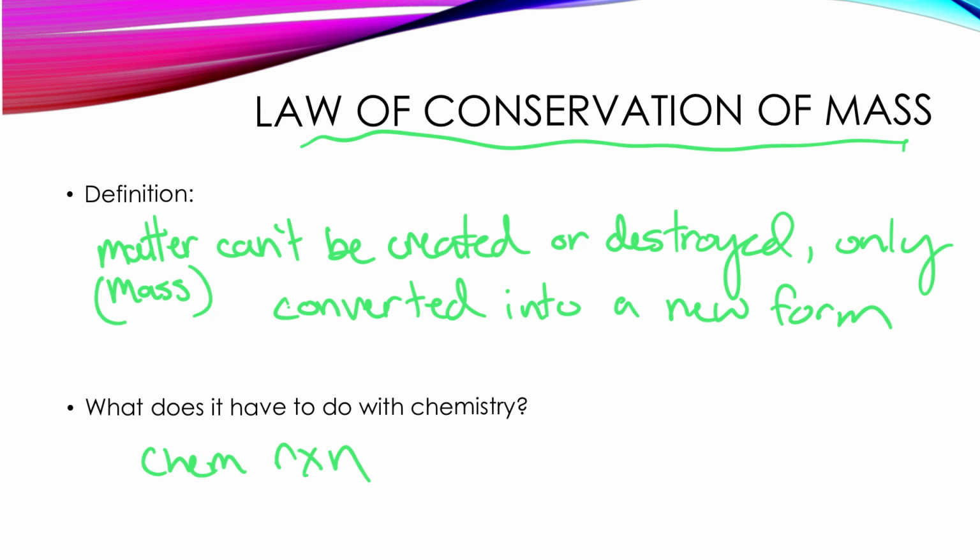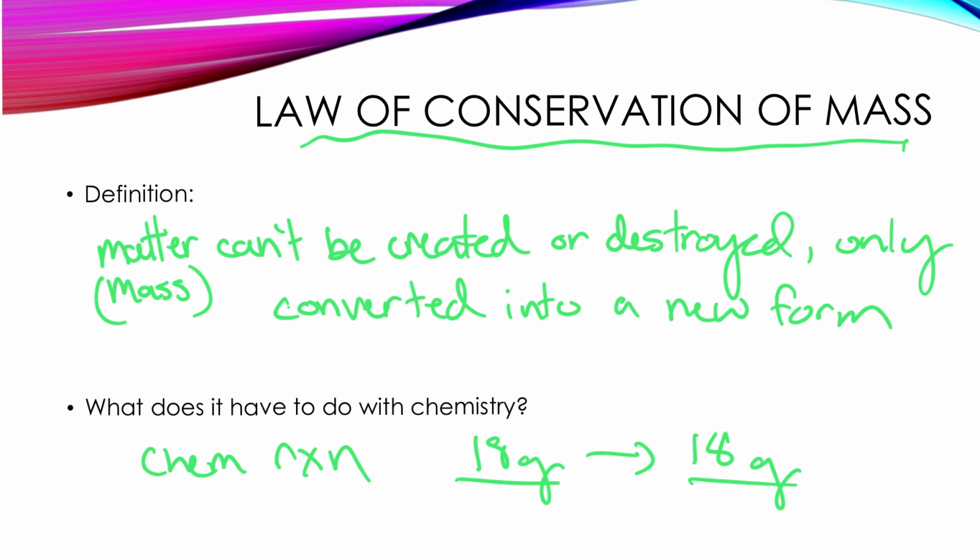It obeys this. And what that means is whatever the mass at the start of the reaction, let's say there's 18 grams of stuff, in the end, there's going to be 18 grams of stuff. Now, it might be in a different form, and it will be in a different form, but this chemical reaction definitely obeys this. So you're just going to have different substances.